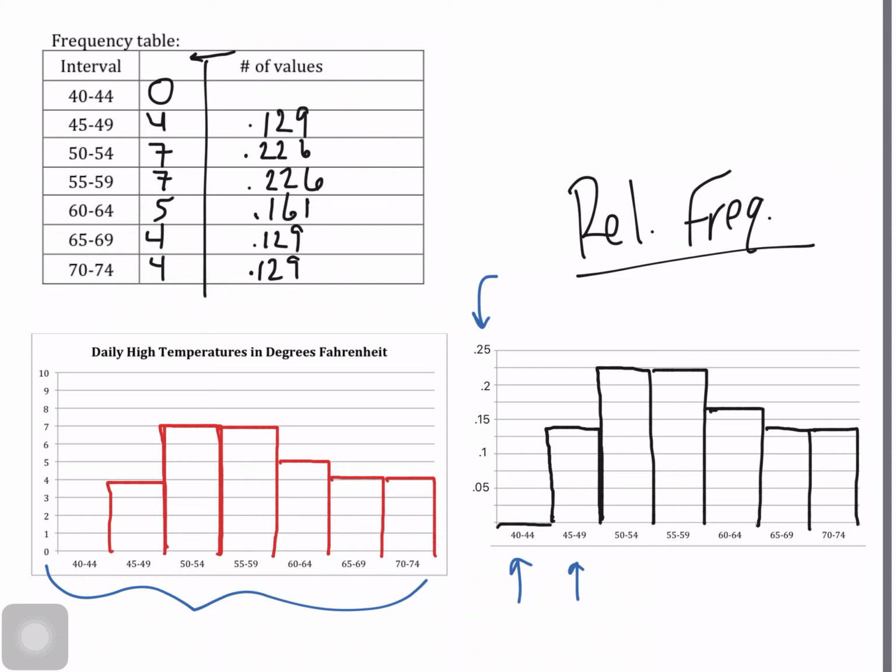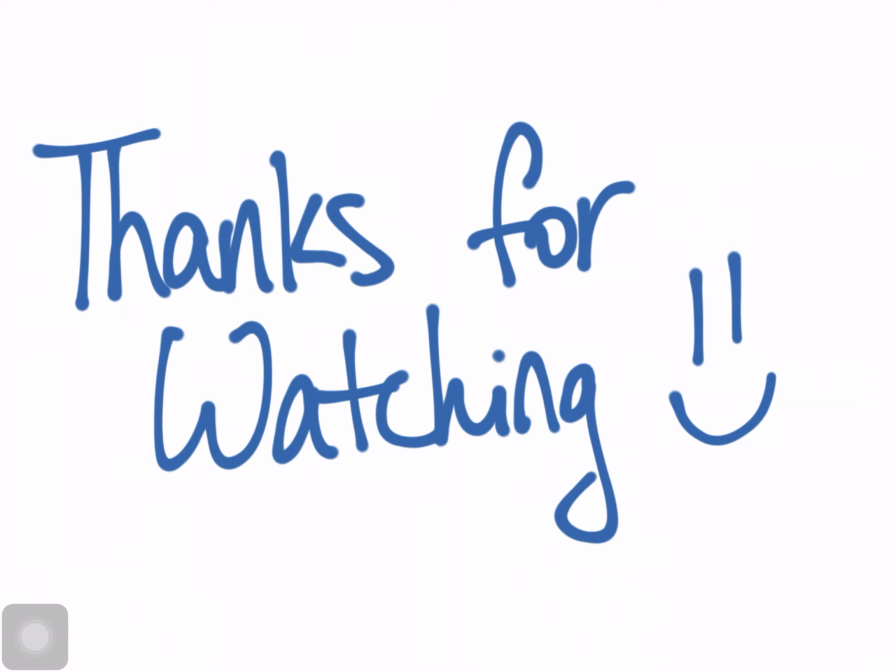So for 0.129 frequency, I'm going to go up to 1. This will be 0.125, so I need to go just a little bit past that. I overshot it a bit, but you get the idea. And so now for 50 to 54, I have 0.226.